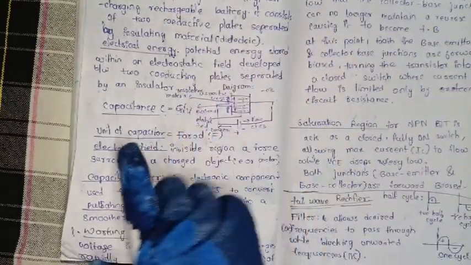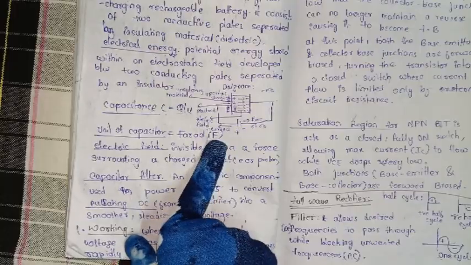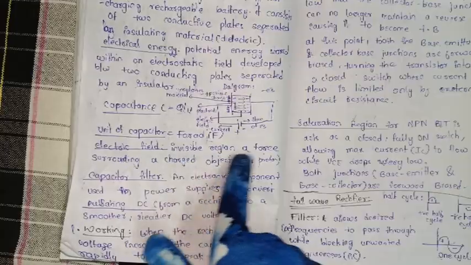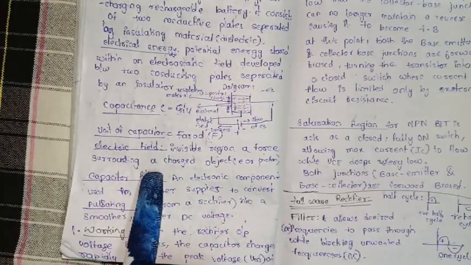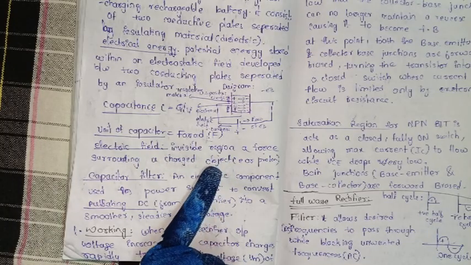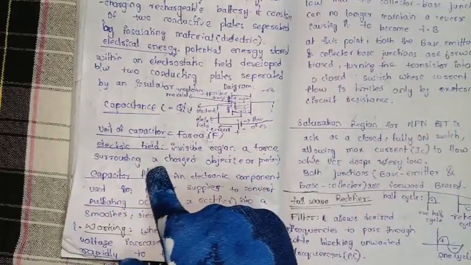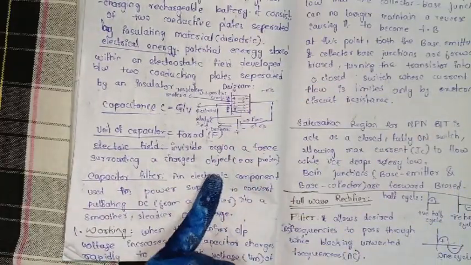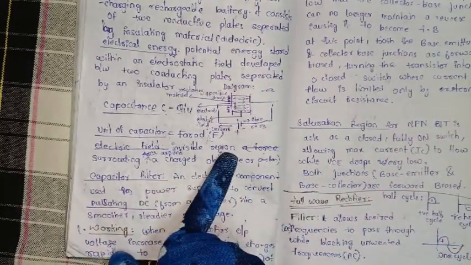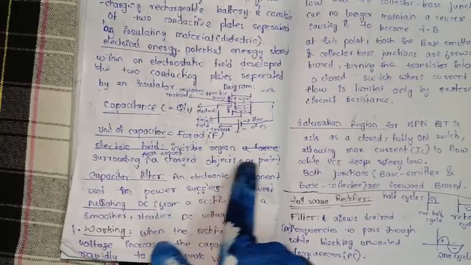The unit of capacitance is the farad, denoted by F. And the electric field is an invisible region, a force surrounding a charged object, such as an electron or proton.